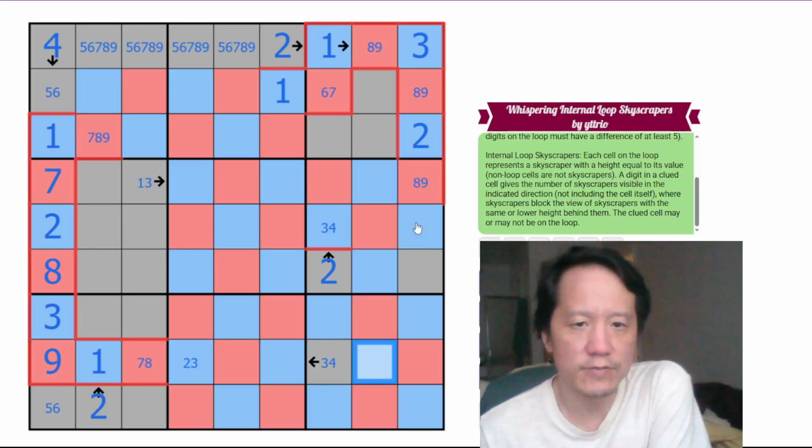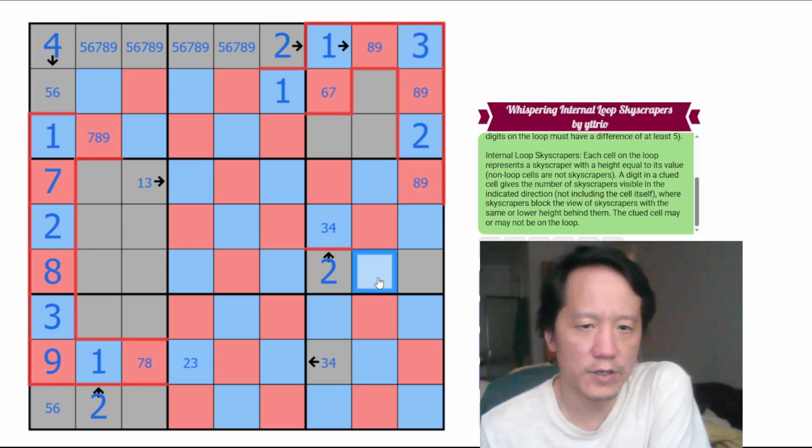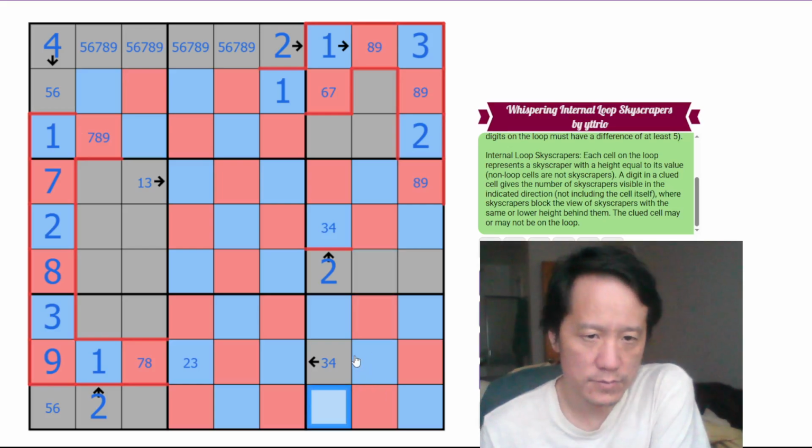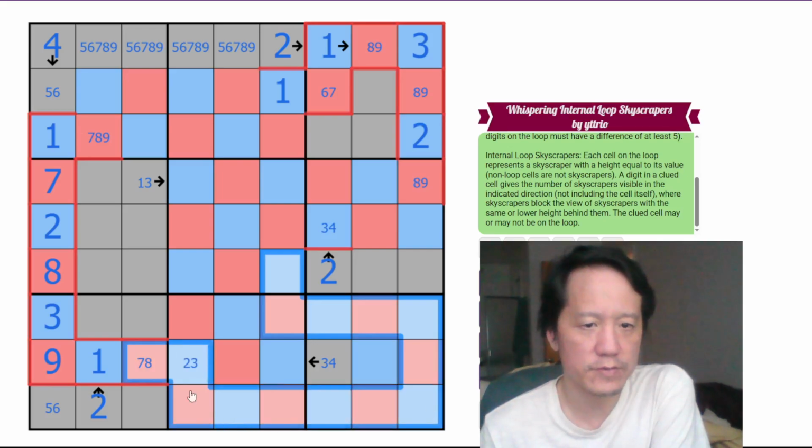Because of that, well, no, you can't go here either. This has to connect out to here. So it cannot go here because it would have to connect. You can't connect to here. And this can't go here because it would touch that. Therefore, this is not part of the loop. Technically, it could go something like this. That is possible.